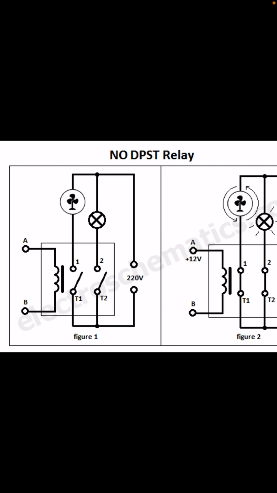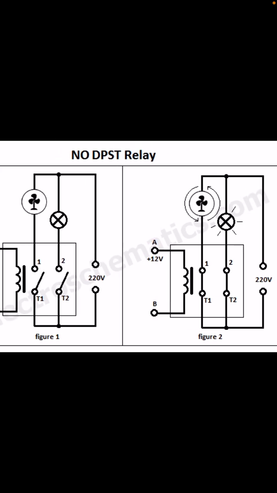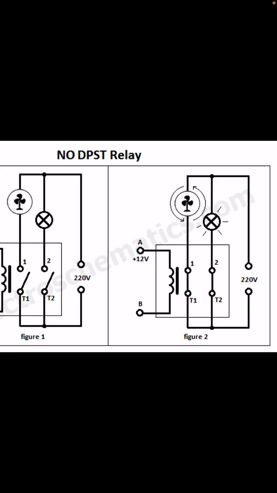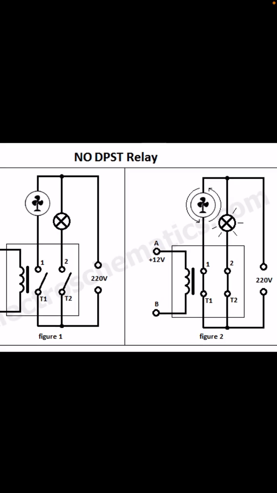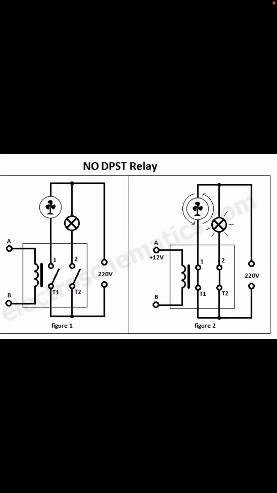And it's either going to be open where it's not sending power, or it's going to close like how it is on the right-hand side. It's going to close and send power. So 240 volts, you have two hots, one path that it can take, but two poles. So that's double pole, single throw.